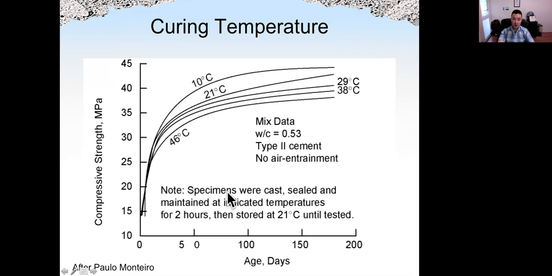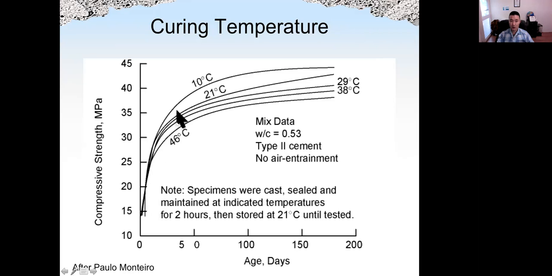But here shows the specimens are cast, sealed, and maintained at the indicated temperature for only 2 hours, and then all stored at the same room temperature. Even though it's only for the first 2 hours, we still see a big effect.